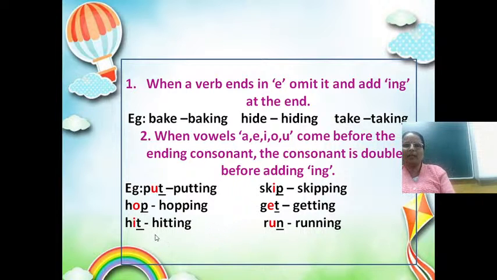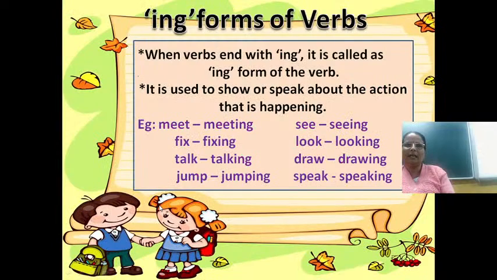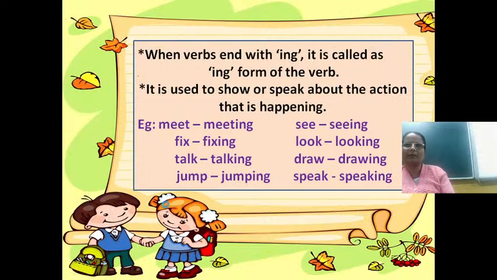You should be very careful when you read this rule. It says that the last letter should be a consonant, otherwise the last letter will not double. For example, see, S-E-E-ing. S, E, E. Here you can see, children, look at the word.